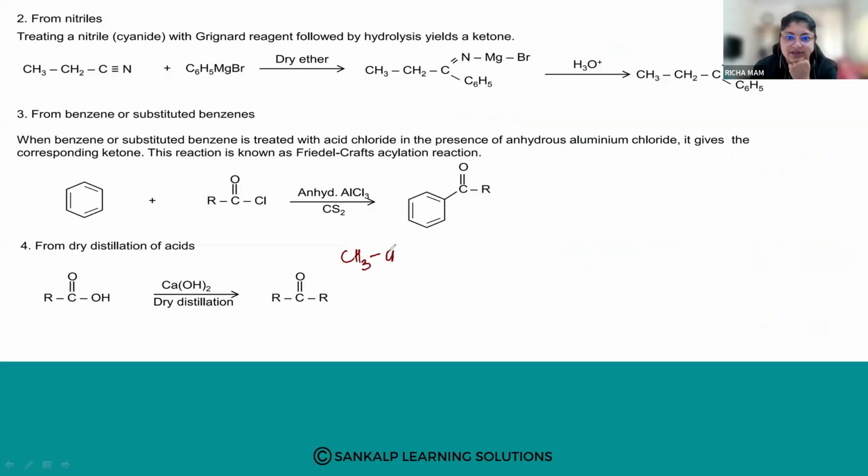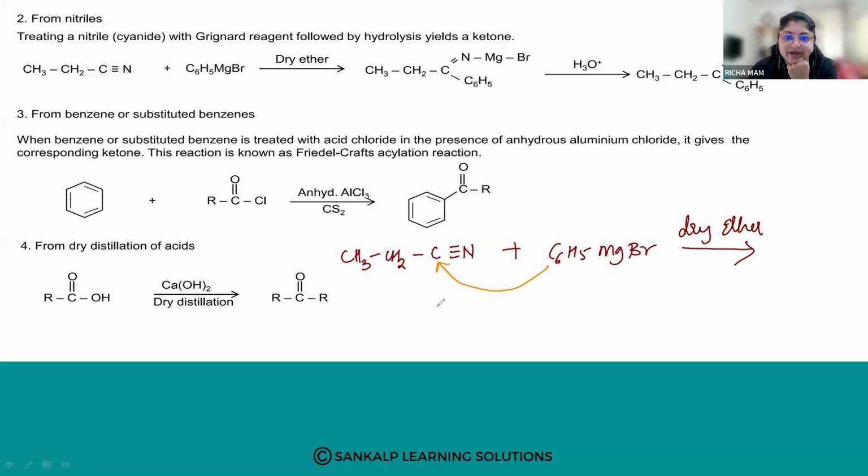CH3CH2C triple bond N plus C6H5MgBr in the presence of dry ether. So what will happen here? Just see, this C6H5 will attack here.